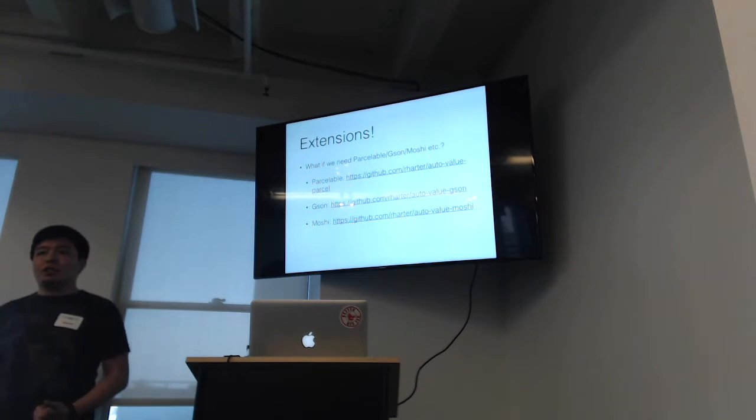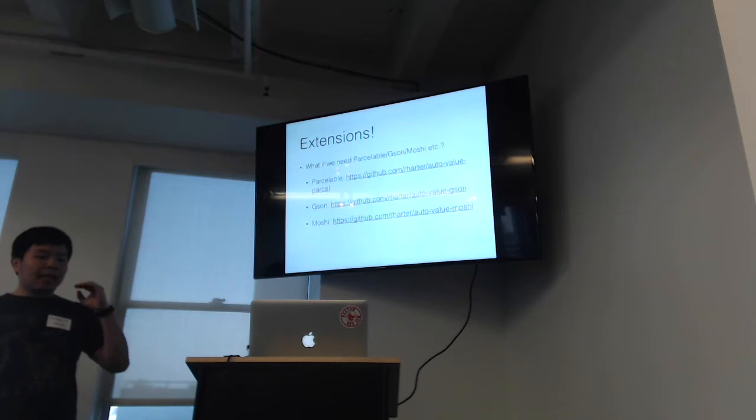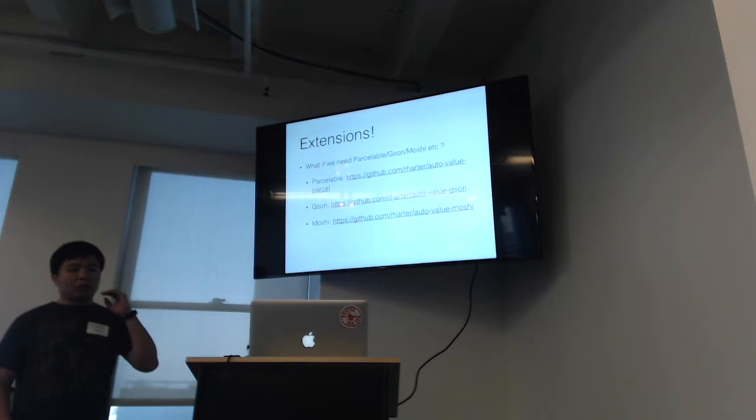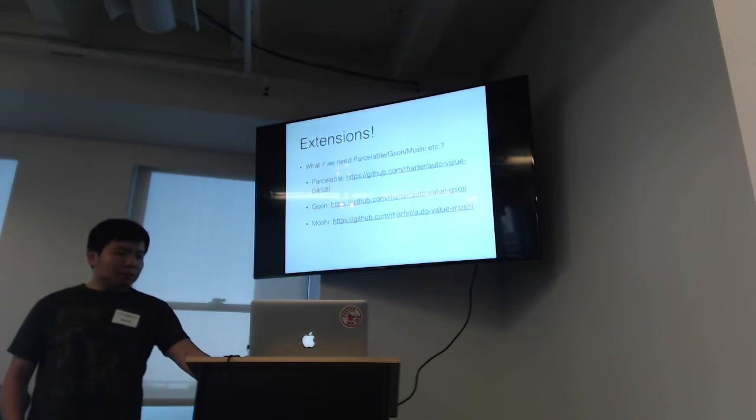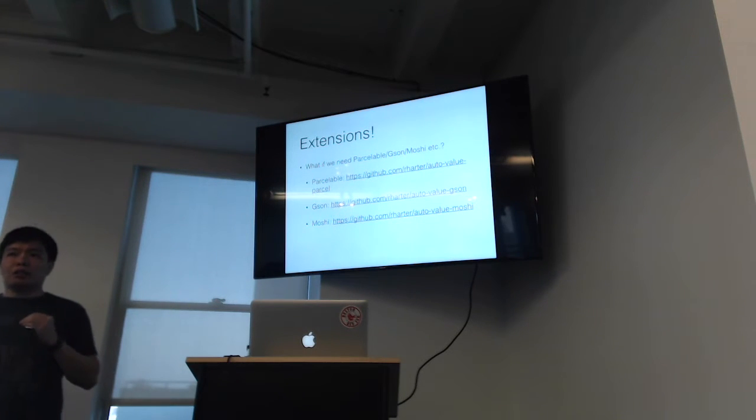The way the extensions work is they add extra steps to generate the class. So if it's Parcelable, it's going to generate a class just for the Parcelable, and the same for JSON and Moshi. It does add extra hierarchy levels to the class, but it also separates concerns, right? Each extension only takes care of its own implementation.